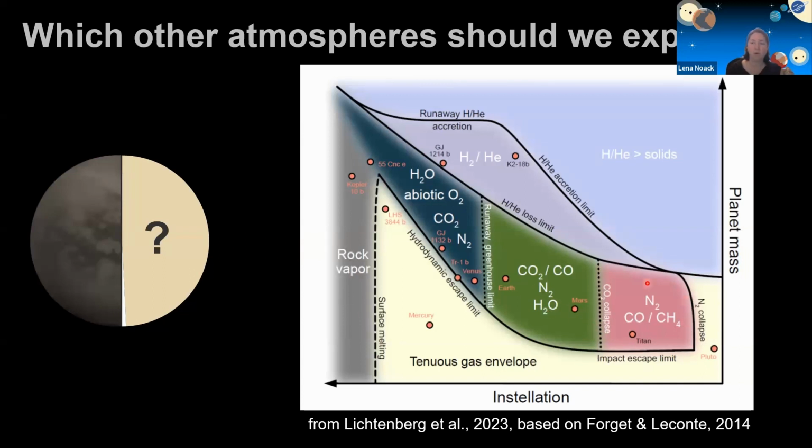Or if we go further away, Titan is here a good example. We will actually not be able to have much CO2 in the atmosphere anymore, and this also changes the atmospheric composition. Interestingly, these different domains that we see here are again the massive planets. So in this direction is mass.